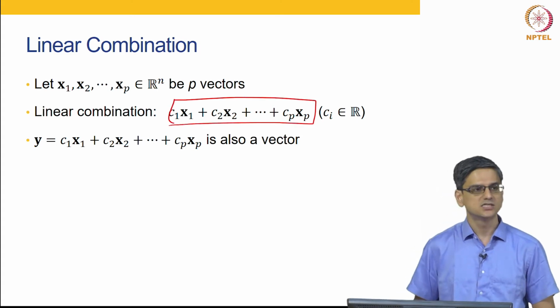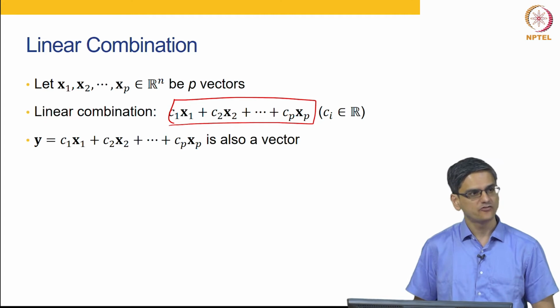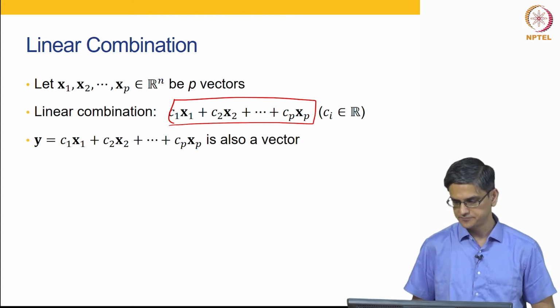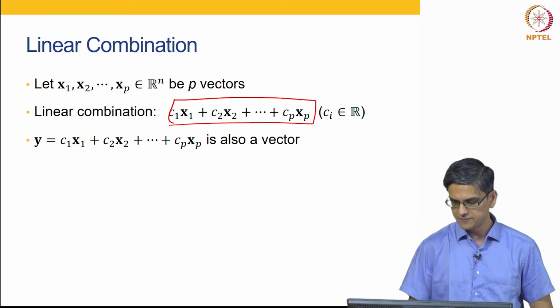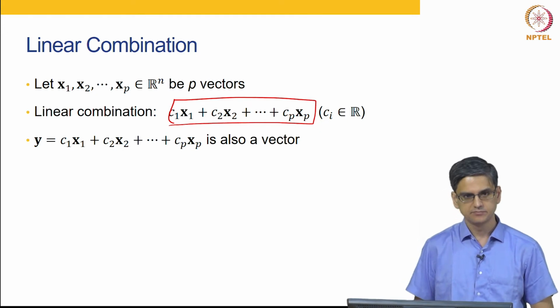This is a linear combination of p vectors, okay, where the ci's are all scalars. Okay.